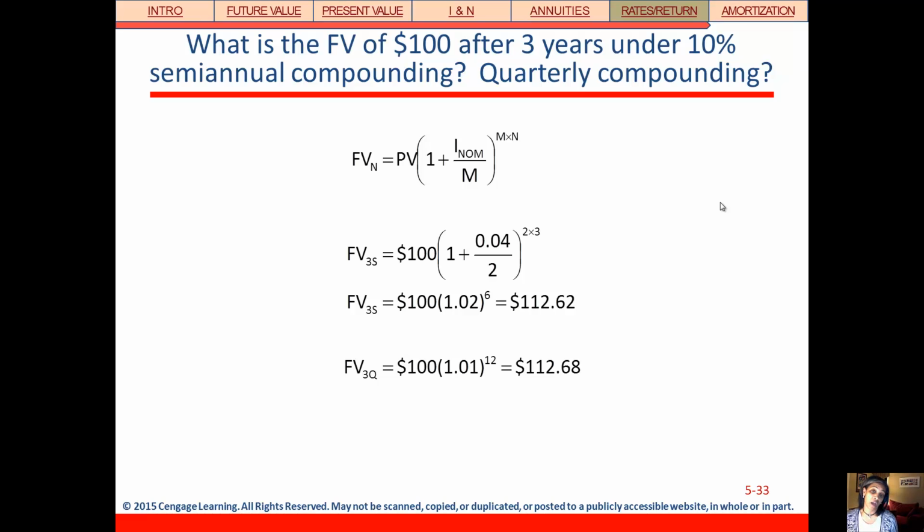Or you could use it if the compounding frequency is 1. Then M will be 1. So I think this is the example we saw just a moment ago, where we had semi-annual compounding and then we had quarterly compounding. So with semi-annual compounding, the future value is 112.62. With quarterly, it's 112.68.